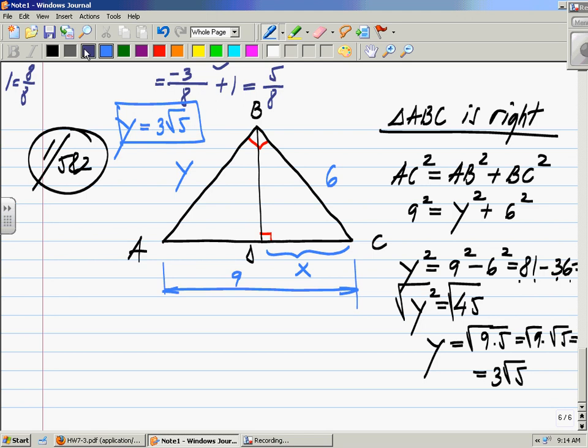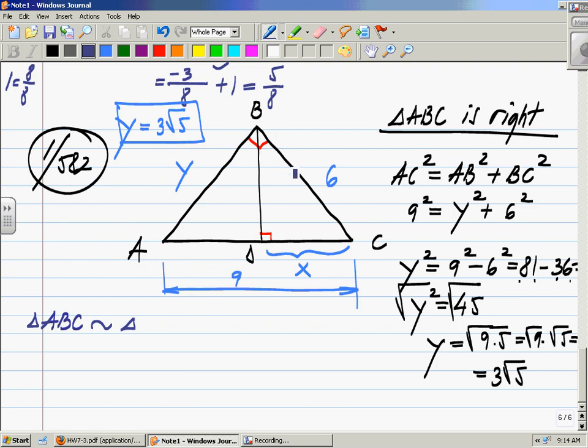Well, think about similarity statements. I know triangle ABC will be similar to what triangle? Well, definitely C will be the last angle in here.